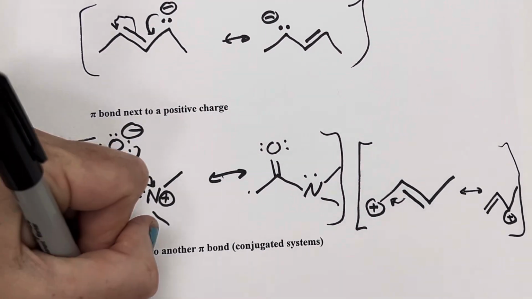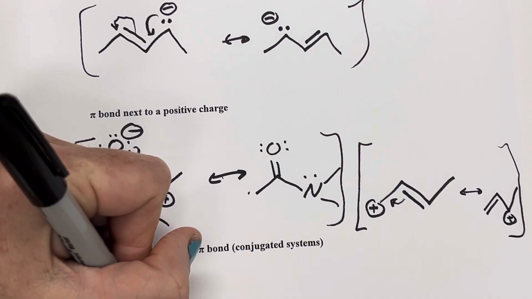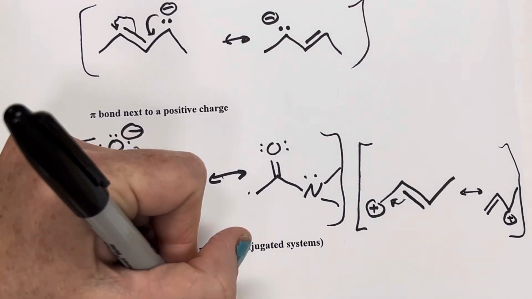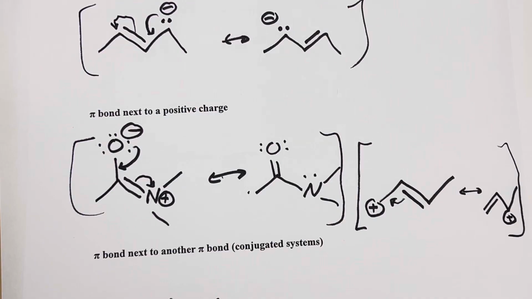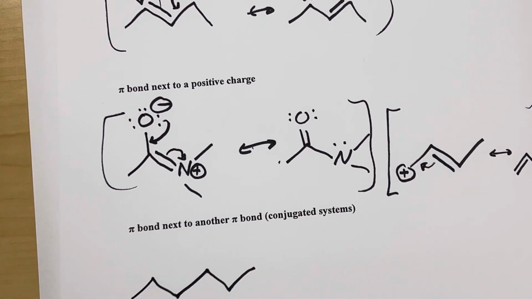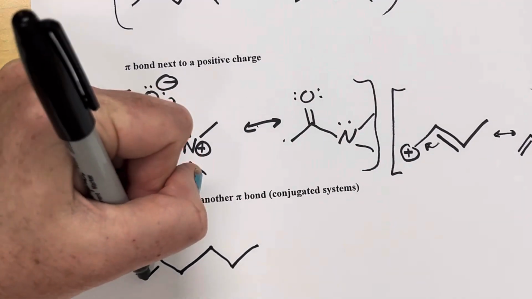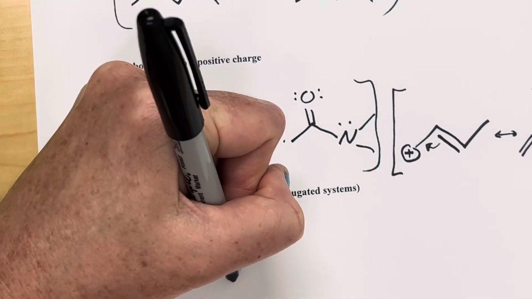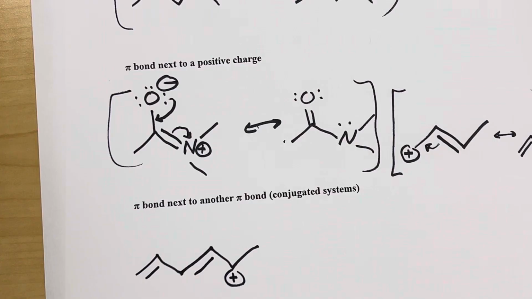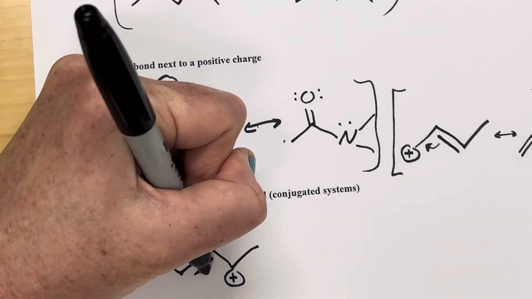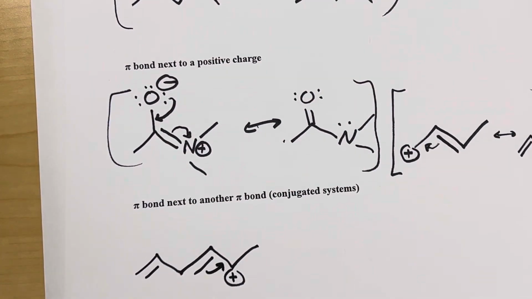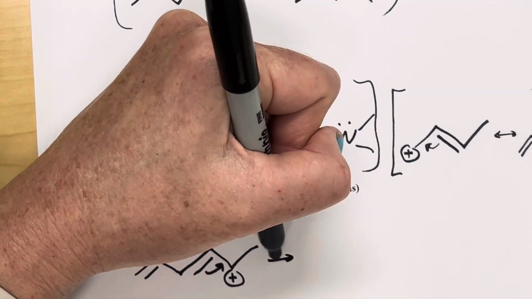This next one, if we have something like this, so we have pi bonds next to other pi bonds, then if this one moves, which we could do, we could break this down and move it one at a time.